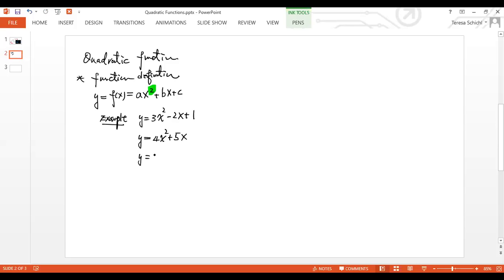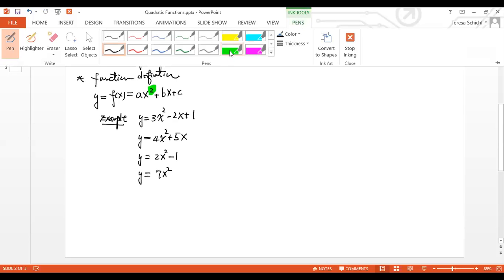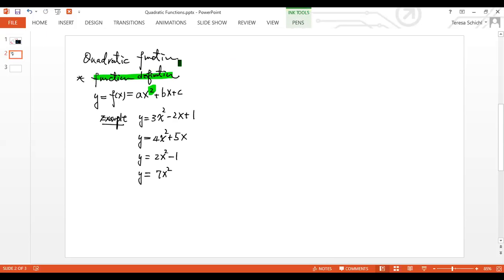Or 2x squared minus 1, this is a quadratic function. Or even just 7x squared. So as long as the square term exists, we call this a quadratic function. That's the first thing we talk about, the function definition.